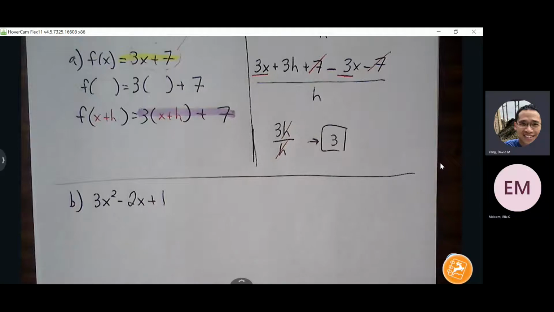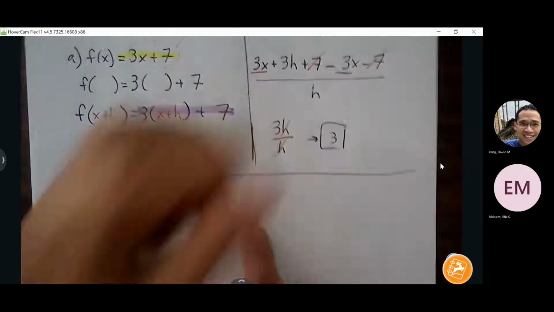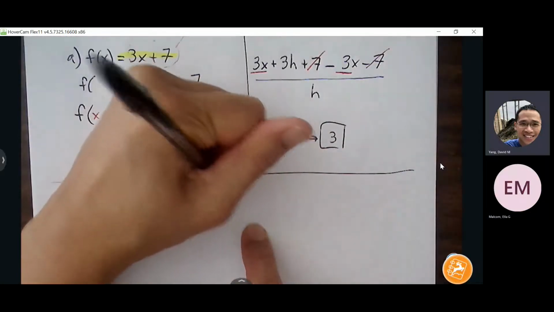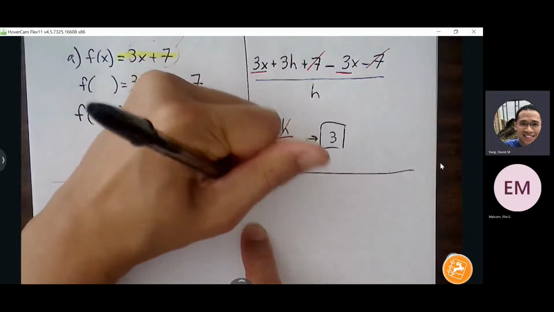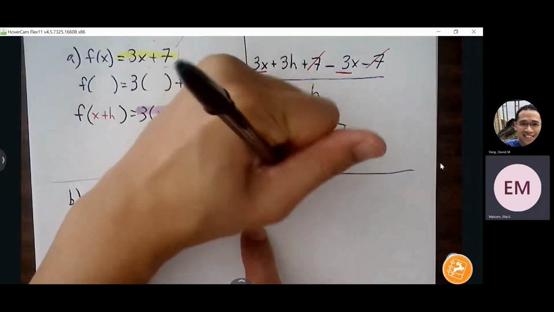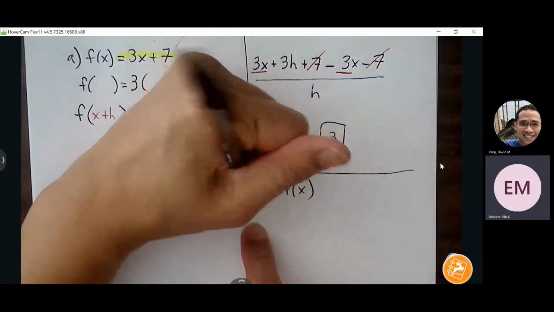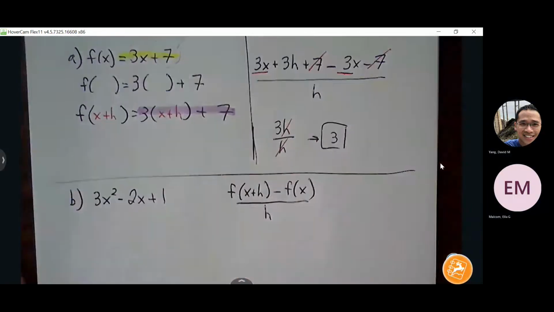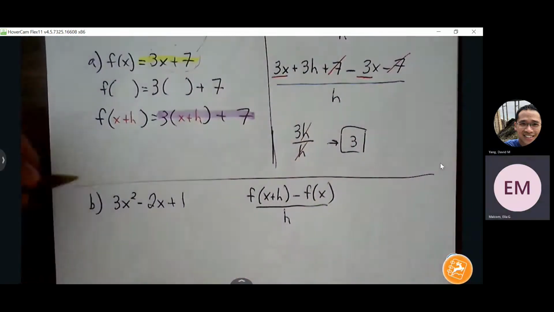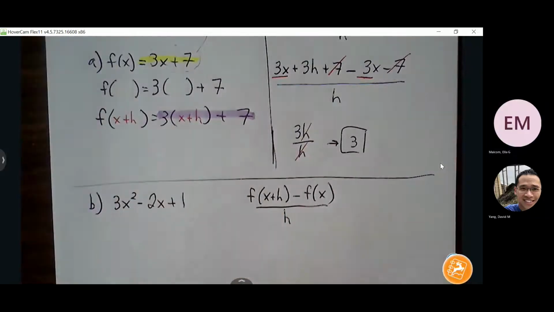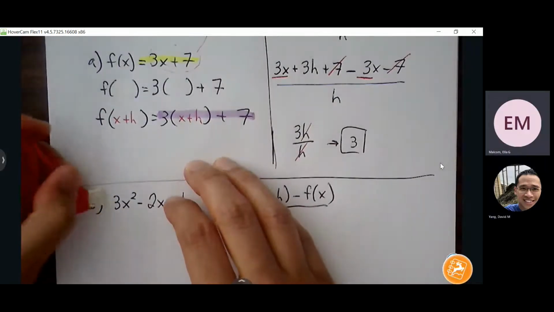Okay. Part B. You want to try talking through this problem, using part A as a guide? Okay, so let's see, 3x.